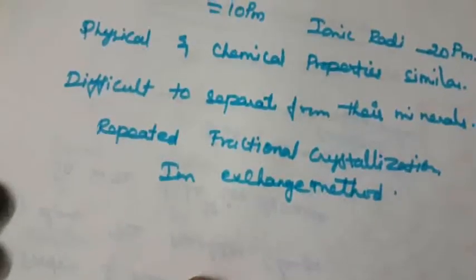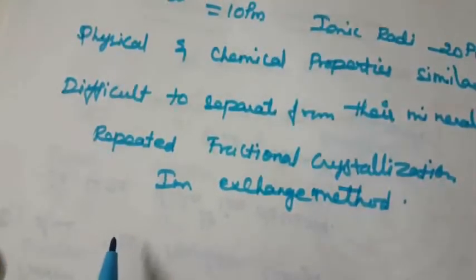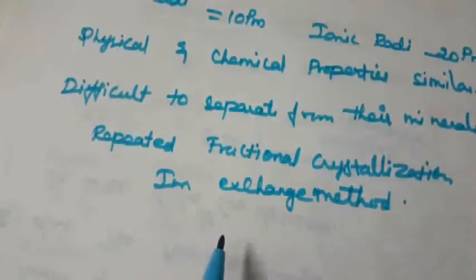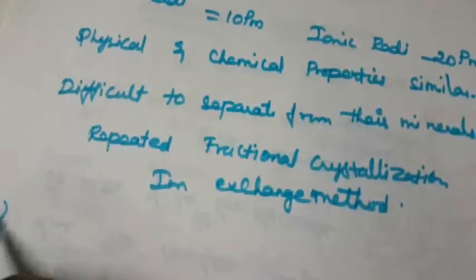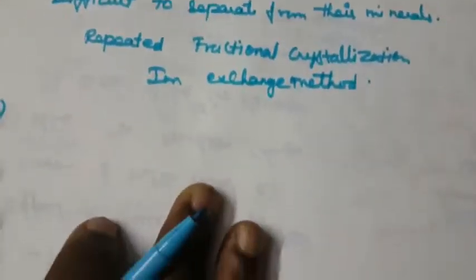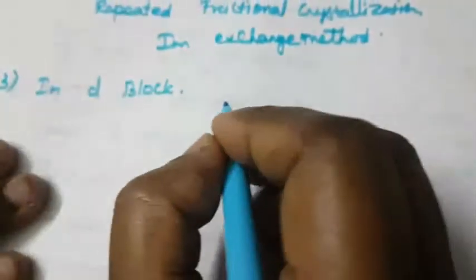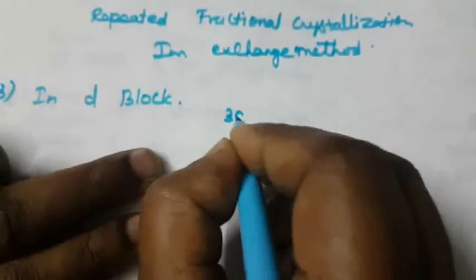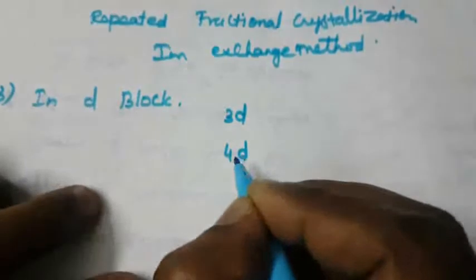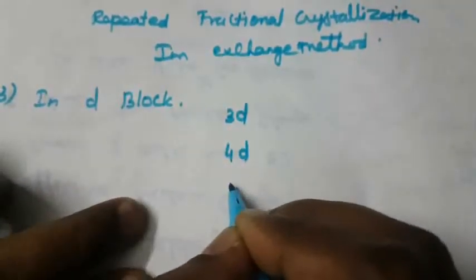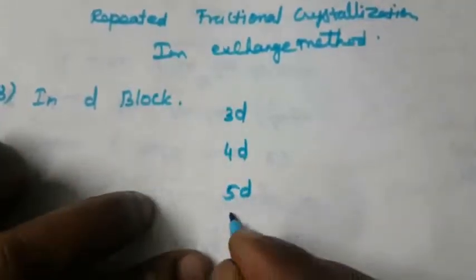That is the reason, the 4f orbitals are present at the bottom of the periodic table. Another one is in the d block elements. What are the series in the d block elements? You remember that? The 3d series, 4d series, 5d series and the 6d series.